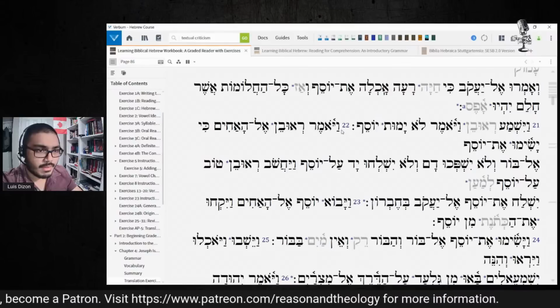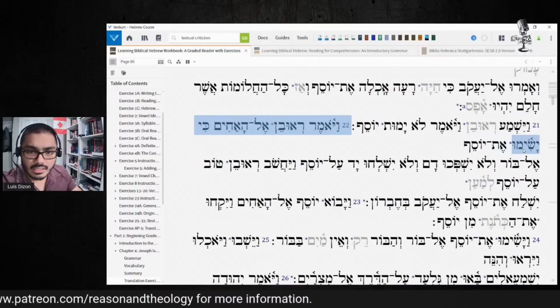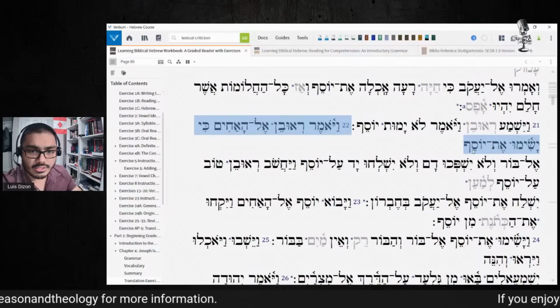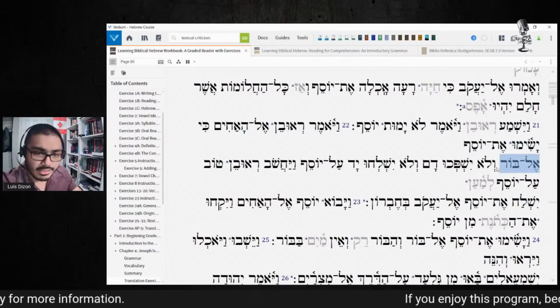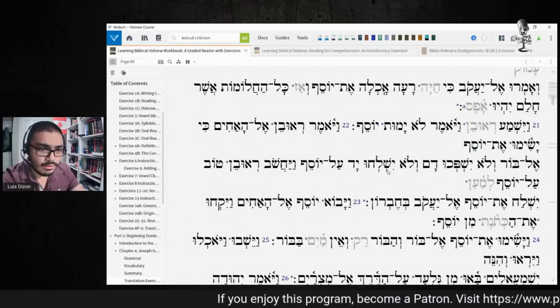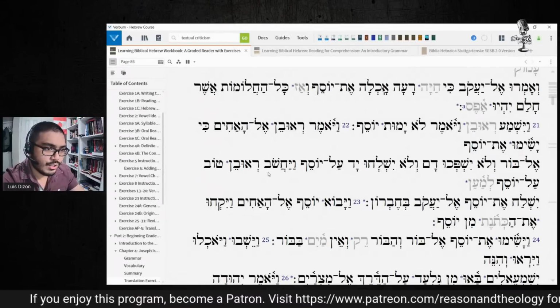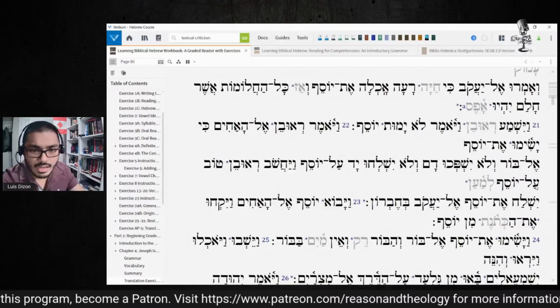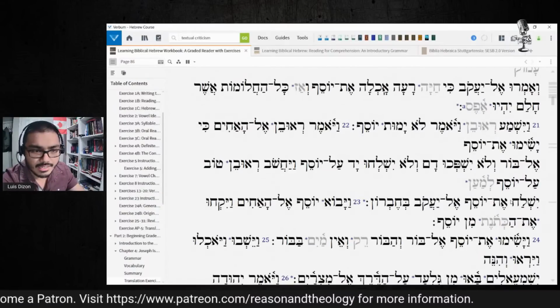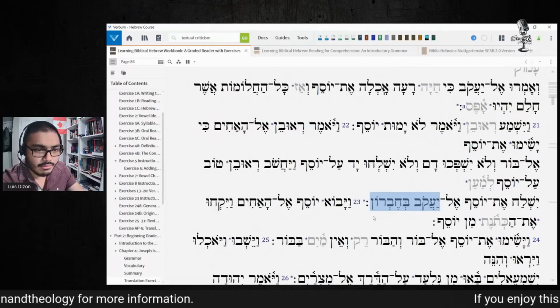And then verse 22, Vayomer Reuven el ha'achim ki yasimu et Yosef el bor v'lo yishpachu dam v'lo yishlochu yad al Yosef v'yachashov Reuven tov al Yosef lema'an yishlach et Yosef el Yaakov b'Hevron.